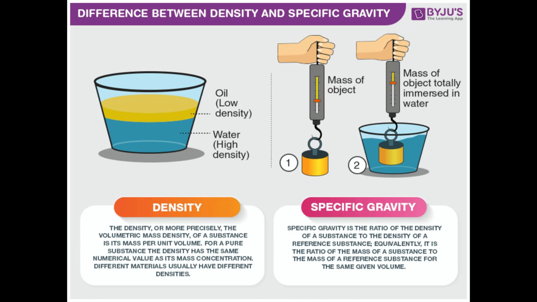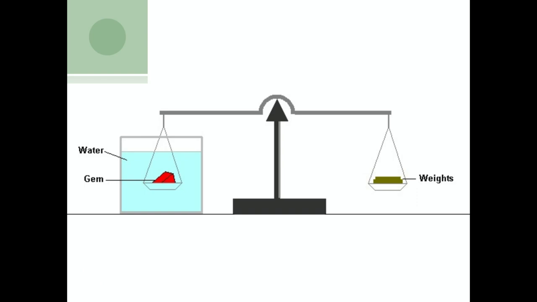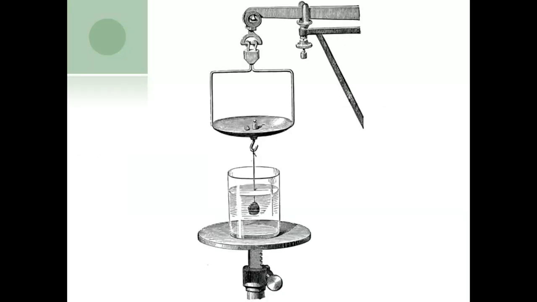It's a little tricky to get correct, but with interesting setups like this, where there's our substance and here's our balance, if you're suspending it in water, you can find its specific gravity. Old diagrams show setups like this, where you have to use an off-scale balance and little weights here to figure out what your mystery substance's specific gravity is.